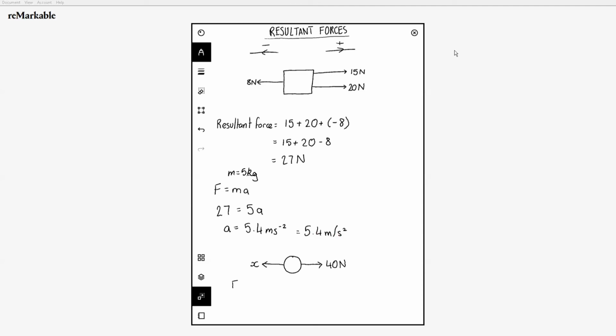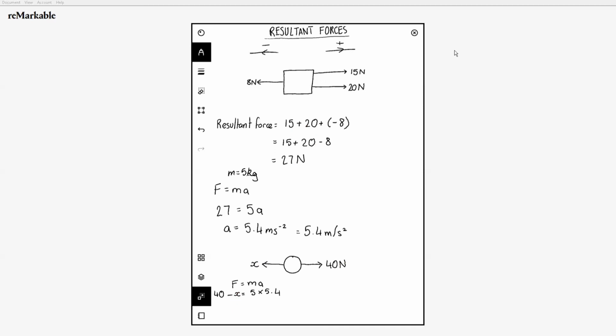Then whenever you're doing F equals ma, you can fill in your ma fine, that's 5 times 5.4. But your resultant force, you have to fill in like you would do it up here. So it's your forward force minus your backward force. So it would be 40 minus x in this case. And then you would be solving to find x, just like any other algebraic equation that you might have.